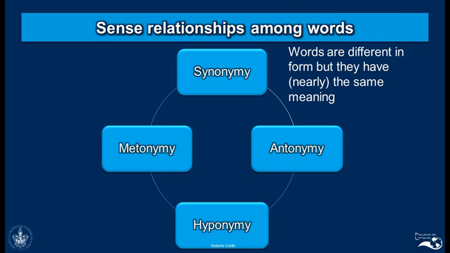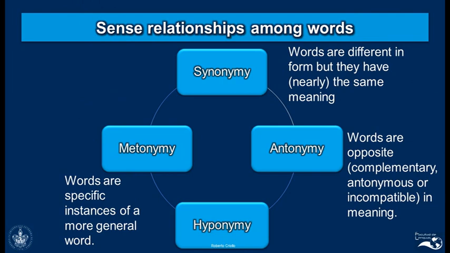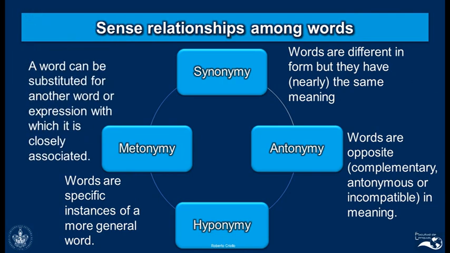This means that some words can have a different form but the same meaning, or a very similar meaning, that some words can be opposite, in complementary, antonymous, or incompatible ways, that some words, of course, are some specific instances of a more general word, and finally, that a word can be substituted for another word or expression with which it is closely associated. So synonymy, antonymy, hyponymy, and metonymy are some sense relationships that words hold with one another.